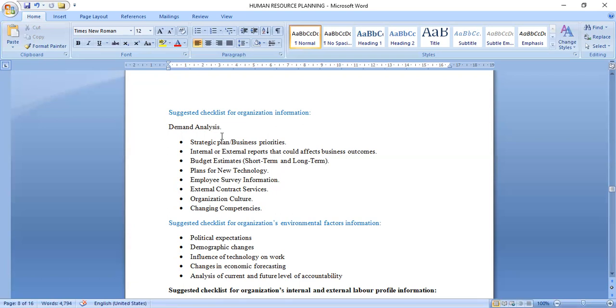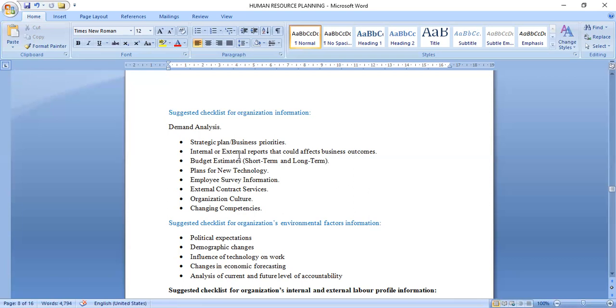When the organization is in the analyzing stage of human resource planning, it will look at its business priorities. It will look at the organization's internal reports, and also the external reports. It will look at its budget.